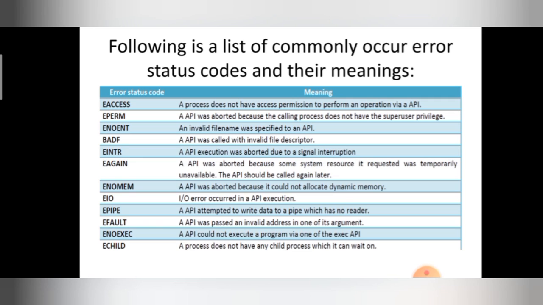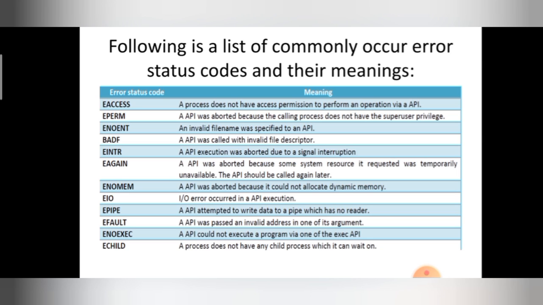Next, ENOENT: an invalid file name was specified to an API. The file name was not correct. Next, EBADF: an API was called with an invalid file descriptor. Next, EINTR: an API execution was aborted due to signal interruption. Due to some interference, the API was aborted.